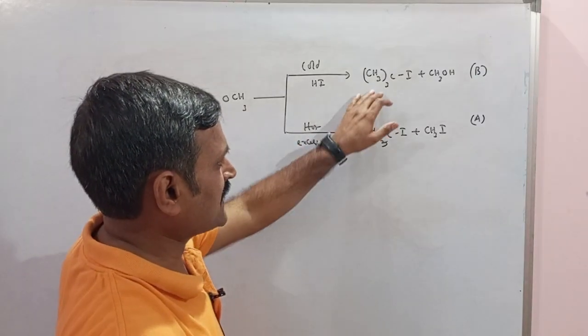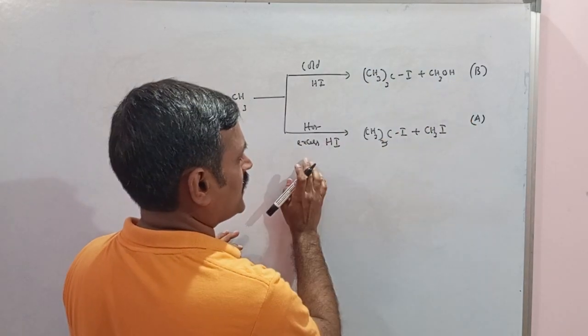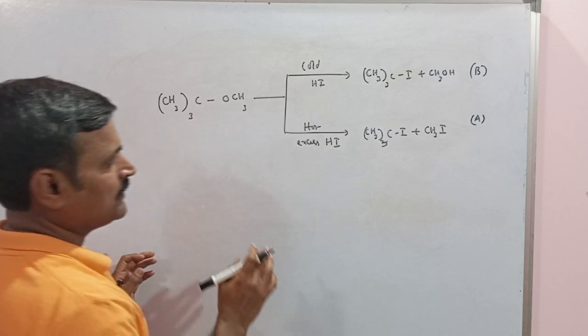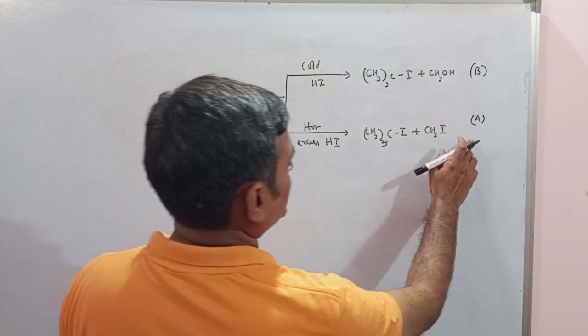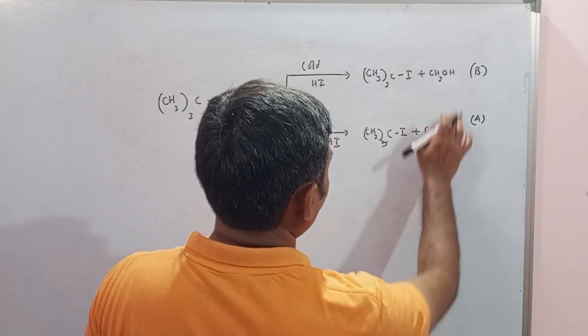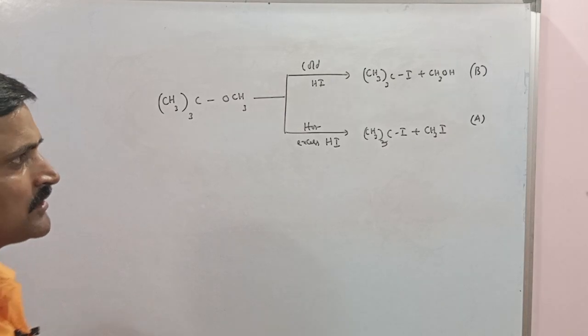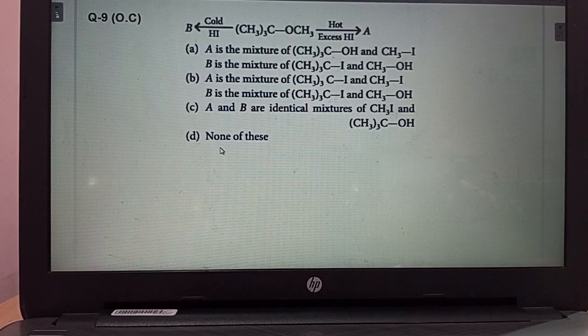So in both cases, tertiary halide is the answer, whereas in the cold condition alcohol is also formed. In the hot condition, iodide is the answer, meaning dehydration also takes place. That's the difference. So A is a mixture of iodides and B is one tertiary iodide and alcohol. That is the answer for this question. The answer is the second option.